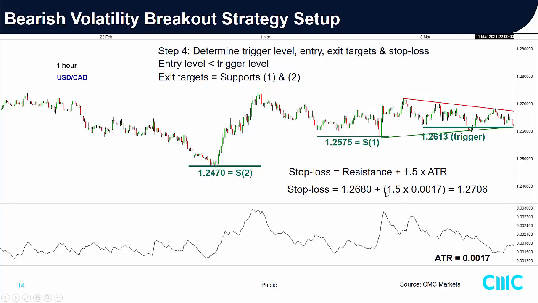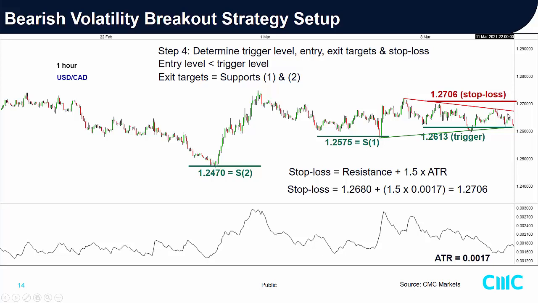Same thing, but plus instead of minus, because we allow a bit of tolerance on the top side before hitting the stop loss where we get out of our trade, to say that, hey, price action has really moved against us. So a factor of 1.5 times 17 pips plus 1.2680 gives us 1.2706. This is the maximum amount I've got to tolerate.